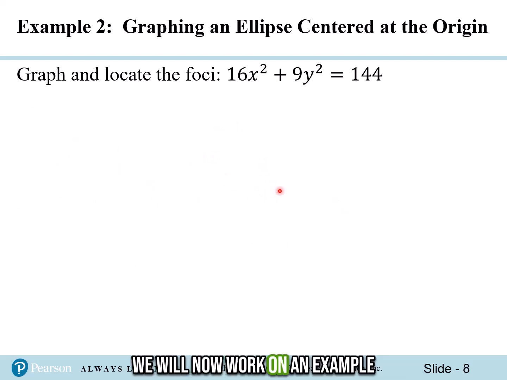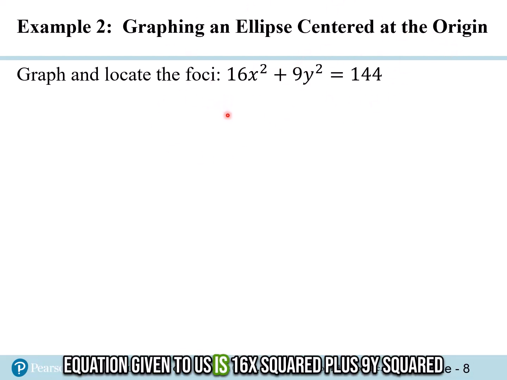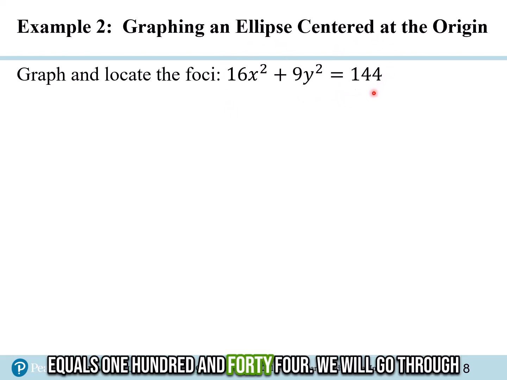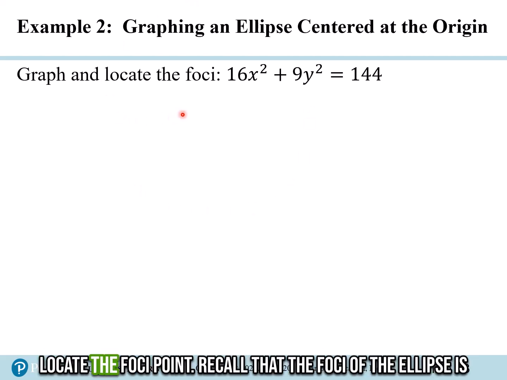We will now work on an example of graphing an ellipse which is centered at the origin. The equation given to us is 16x squared plus 9y squared equals 144. We will go through the steps of graphing the ellipse, and also we will locate the foci.